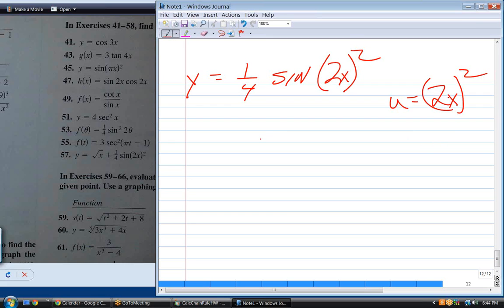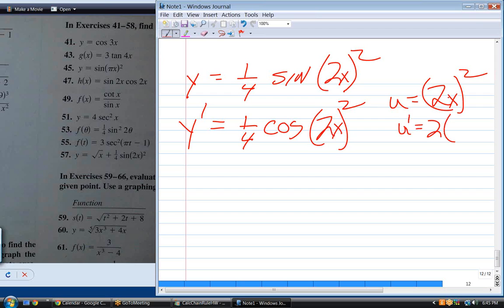Okay, so now take the derivative of the outside. 1/4 cosine 2x squared. And the derivative of the inside. So 2 times 2x times 2.